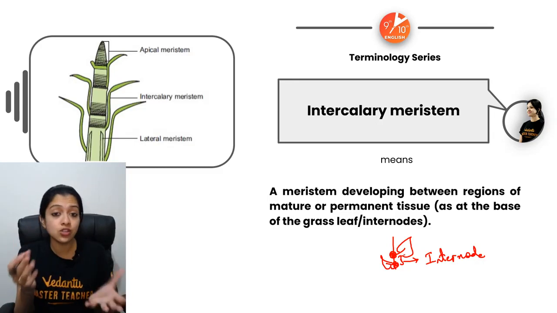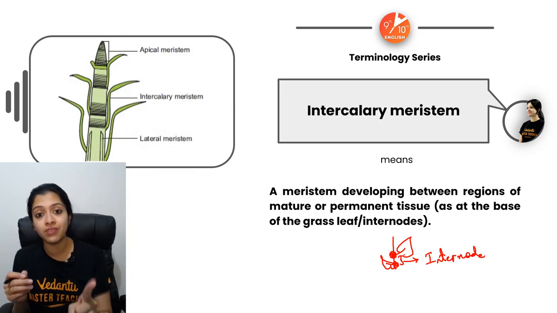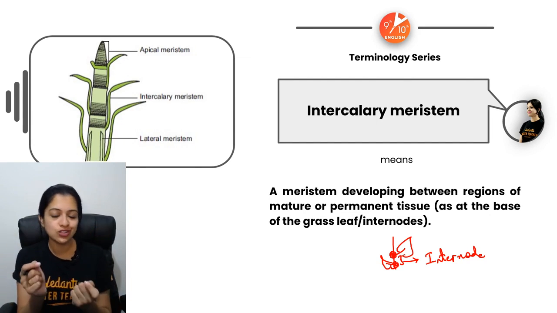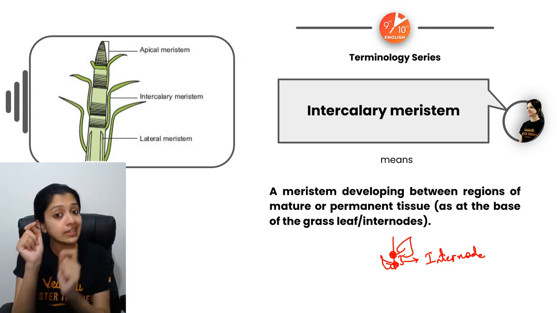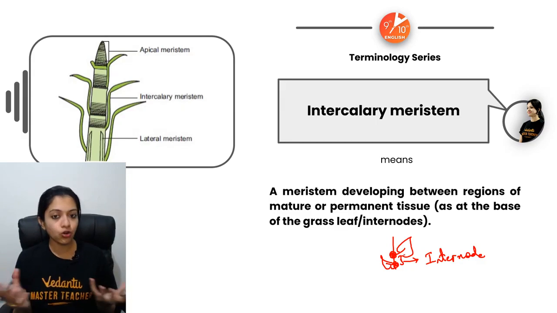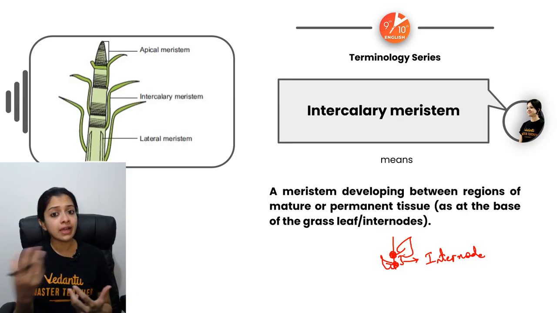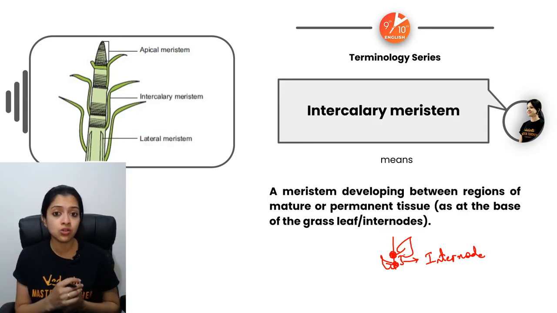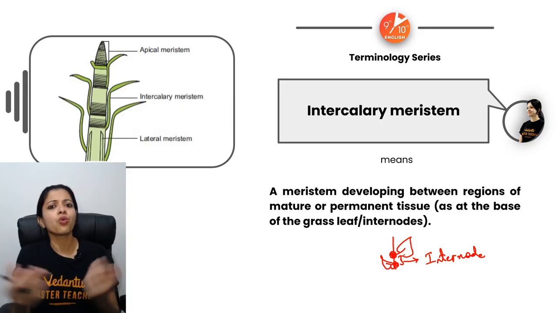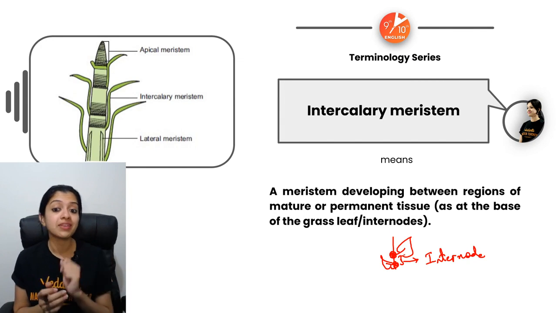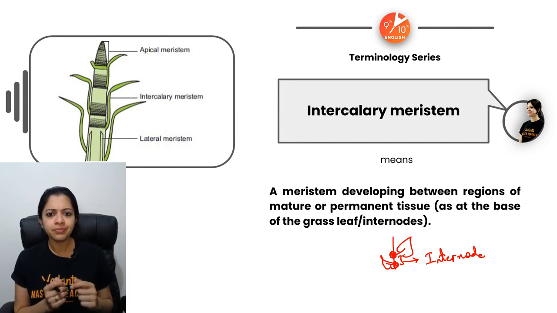So this is also, remember children, this point is very important because it's related to this context, related to this particular term especially, makes a lot of sense over here. Grasses, which are grazed upon by cows, deer, and all of those herbivorous animals, how do they grow back to normal? It's because of intercalary meristem. Because what's the logic behind asking that kind of question, children?